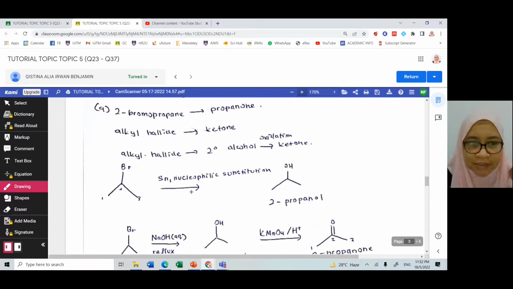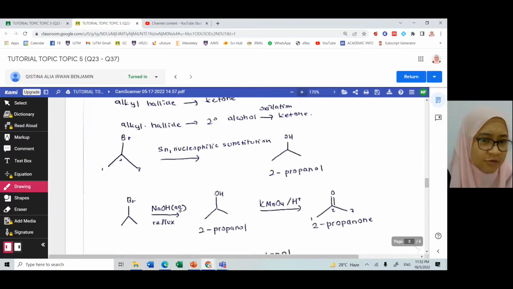So what is our proposed conversion? Okay, we start with the alkyl halide. The 2-bromopropane undergoes nucleophilic substitution. So it will form 2-propanol. Basically, we want to replace the Br with OH, and then this OH later can undergo oxidation.